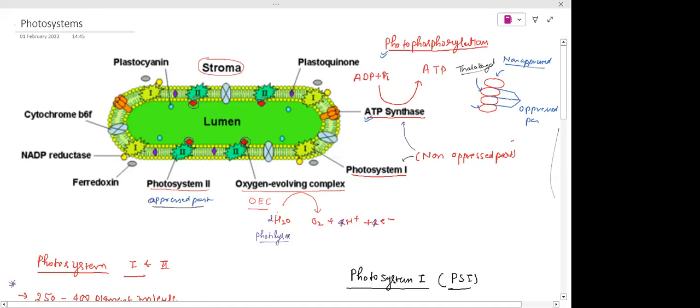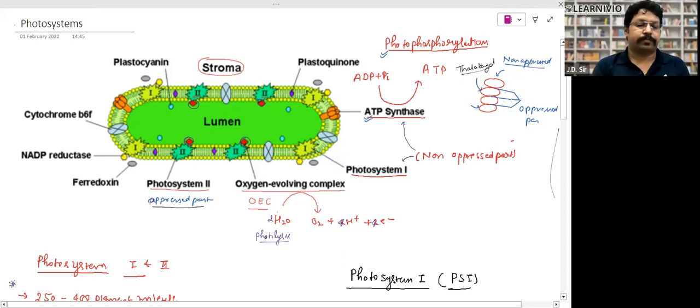Yes, sir. First, please write it down the same. Note down. Photosystem second, or P680, are always found at the appressed part of the thylakoid. Full stop.